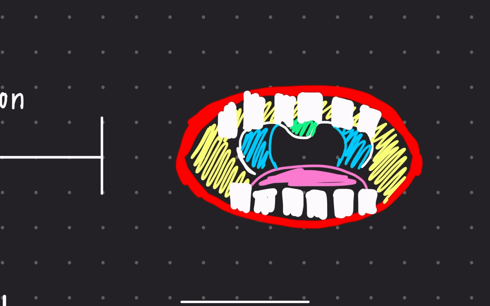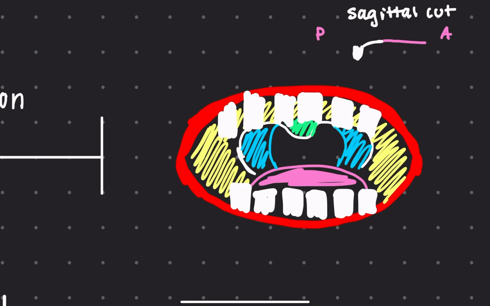Now, if you follow that along the wall, you have your hard palate on top of the mouth. So this is an anterior, posterior drawing. You have your hard palate, it becomes your soft palate, and then you have your uvula. So this is a sagittal cut here.